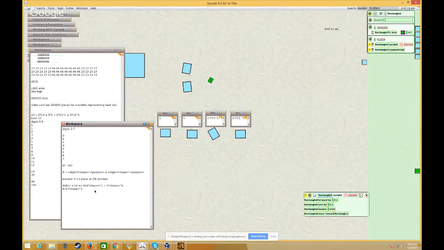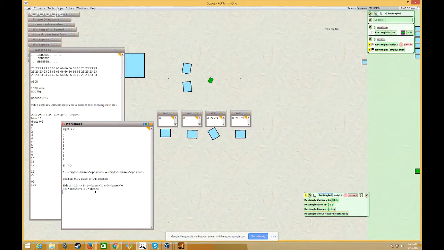Well, anything raised to the 1 equals itself. So that is equal to 1 times base. And if you're not familiar with raising things to powers, it's just multiplying things by themselves. 0 and 1 are weird cases. They're defined as anything to the power of 0 is just equal to the number 1. And anything to the power of 1 is just equal to itself.